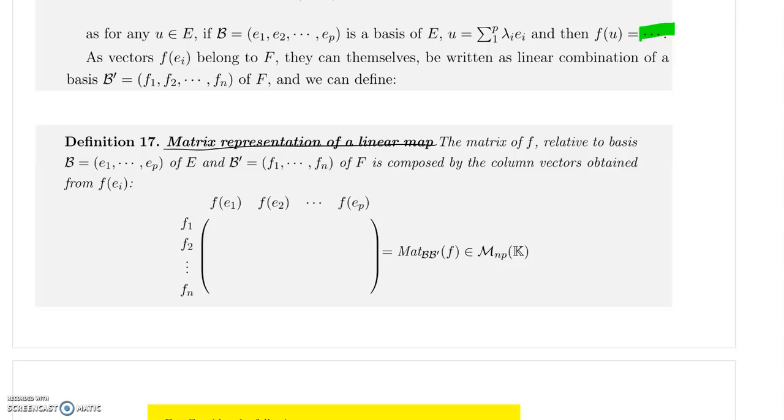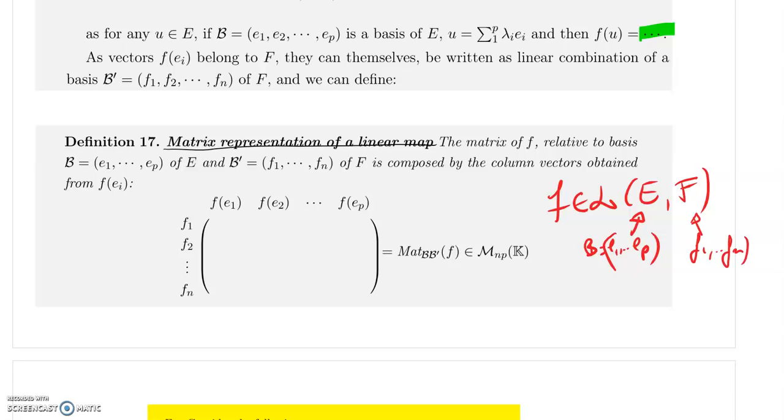So what do we have? We have a linear map F that goes from domain E to domain F. Domain E has basis B, E1 up to EP, so dimension P. Domain F doesn't have to have the same dimension, so we go F1 up to Fn, which are going to be the elements of the basis B prime of the codomain.